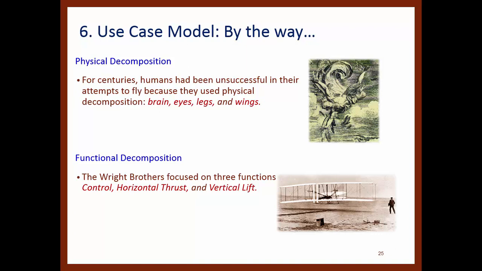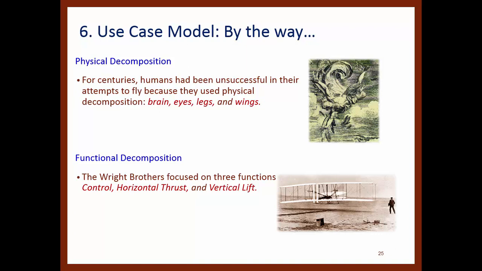However, if we look at the problem from a different perspective, in this case functional decomposition, what the Wright brothers were able to do was to focus on the three functions that are needed to fly: control, horizontal thrust, and vertical lift. By mastering those three functions and making sure that they work together, they were able to develop a machine that was capable of flying.